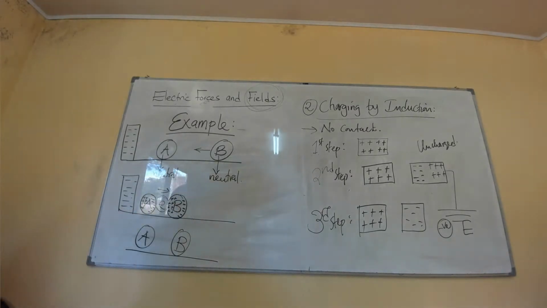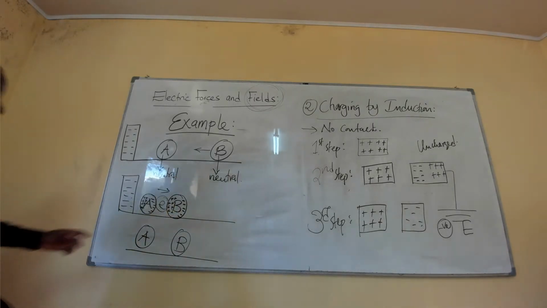When you look at your answers, the first one shows that A is positive. In the second one, B, A is negative. In the third one, both balls remain neutral. In the last one, these two balls remain positive.